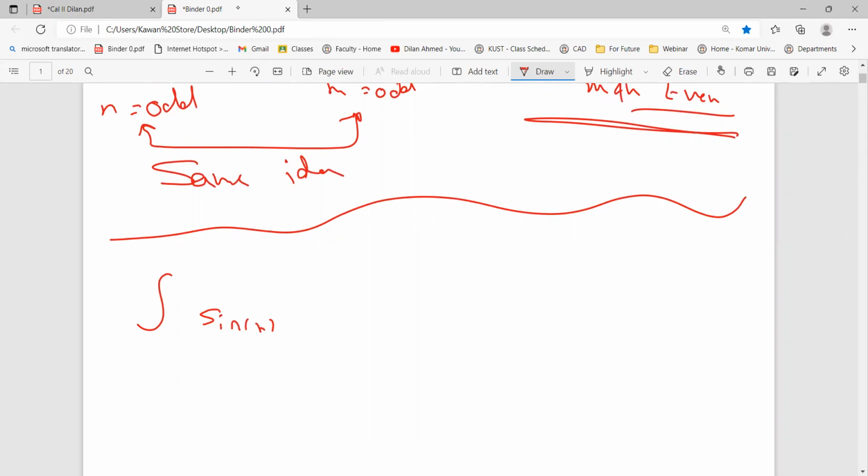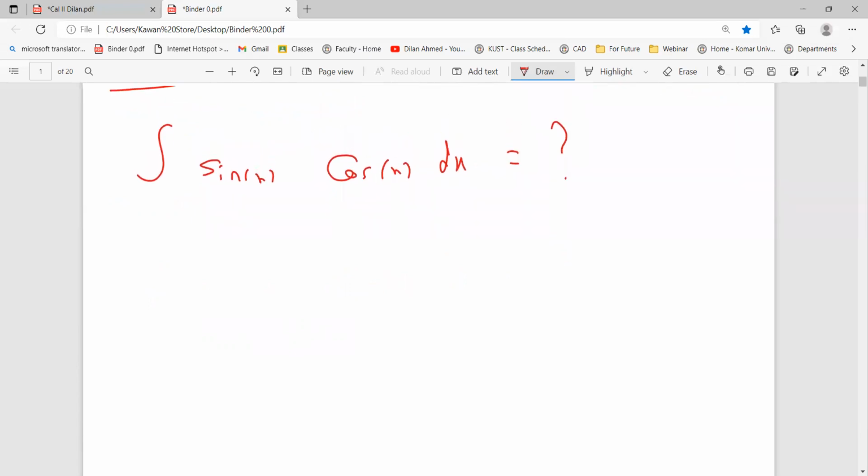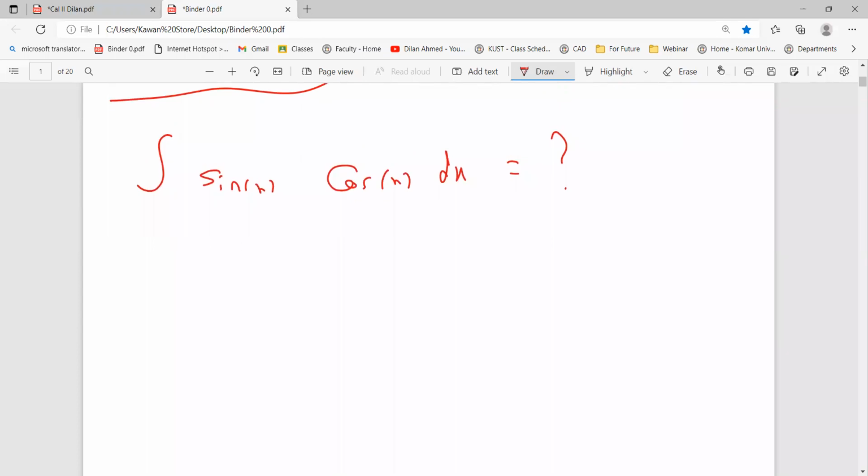Before I give you how to solve that one, if I have a simple example, sine of x cosine of x dx, how do we solve that? Easy. We solved that many times in Cal 1.